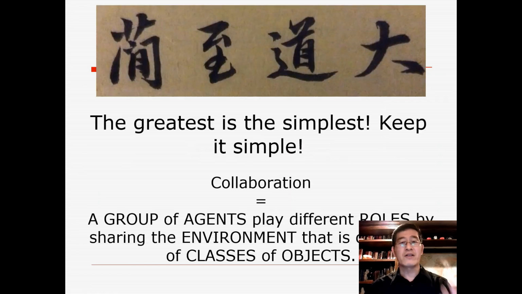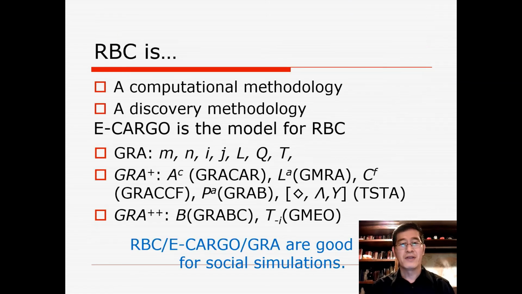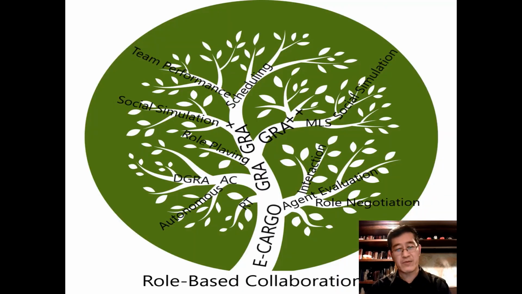So the conclusion is we use collaboration to check social systems, and we provide many tools. The Java programs have been published on GitHub. Role-based collaboration has extended into many different branches and can also be applied in social simulation.